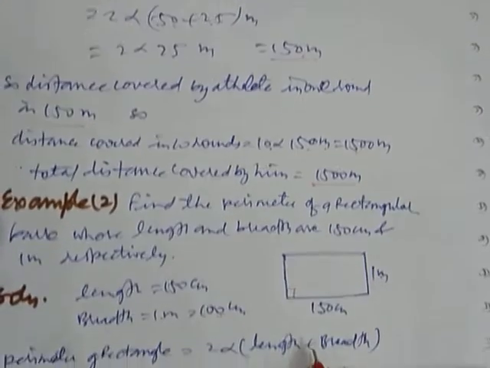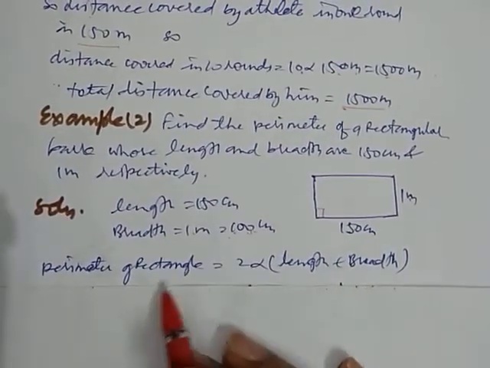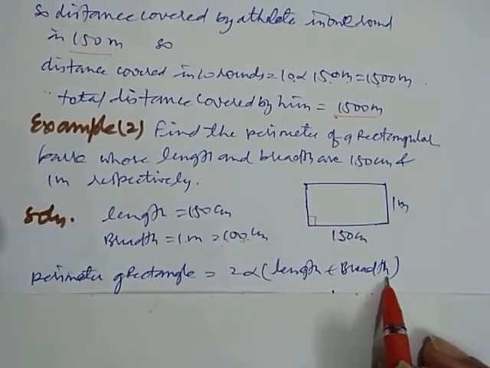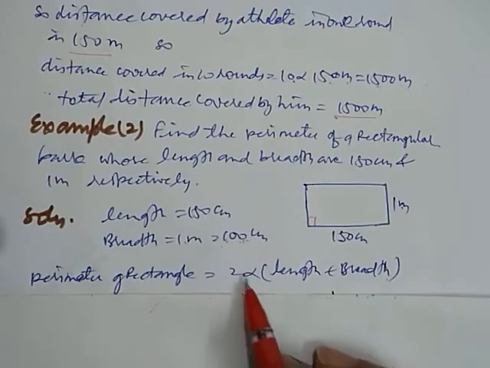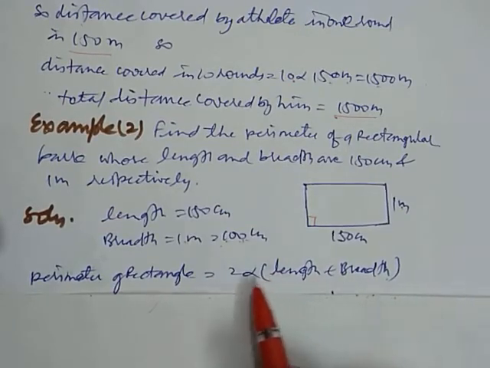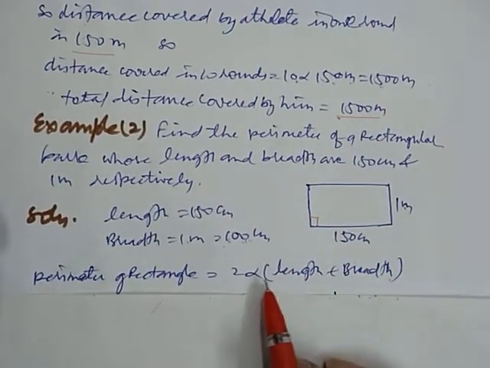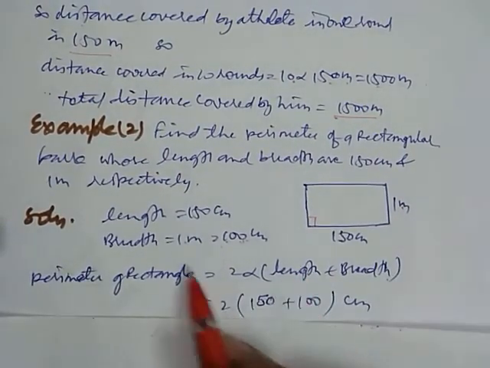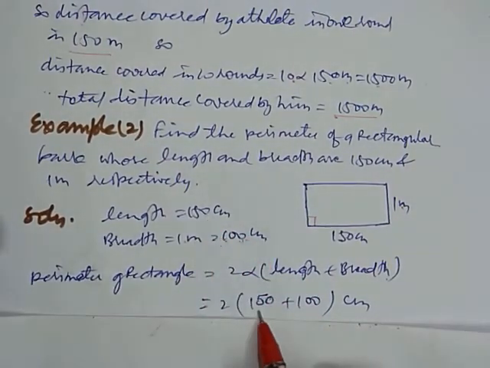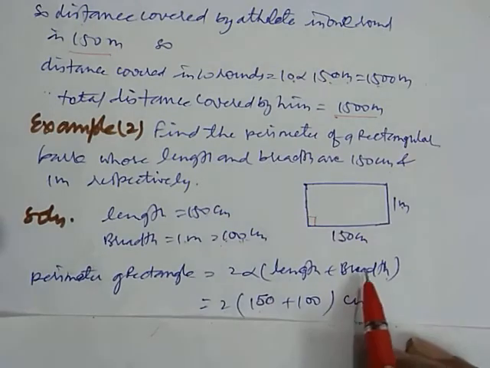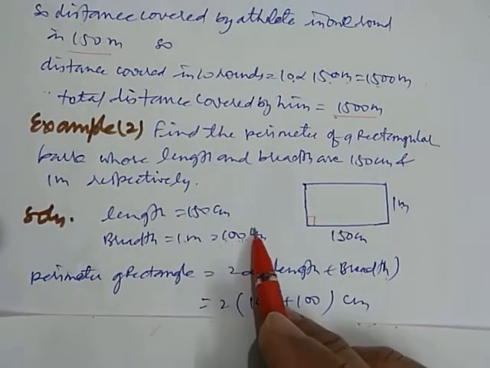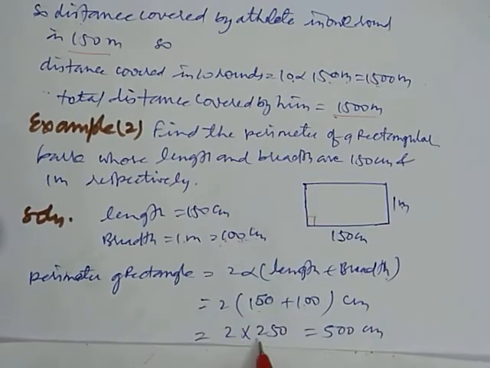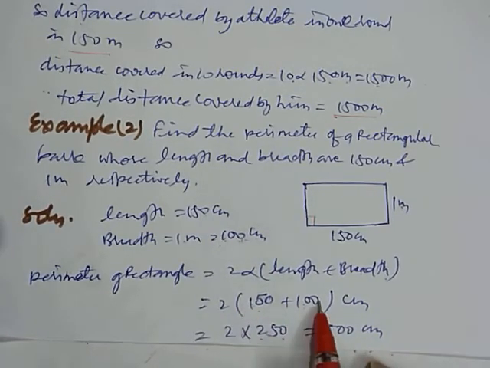We know the formula of the perimeter of a rectangle is twice into length plus breadth. By using this formula, we find the perimeter of this rectangle. So 2 into (150 centimeter plus 100 centimeter). By adding, 150 plus 100 is 250.